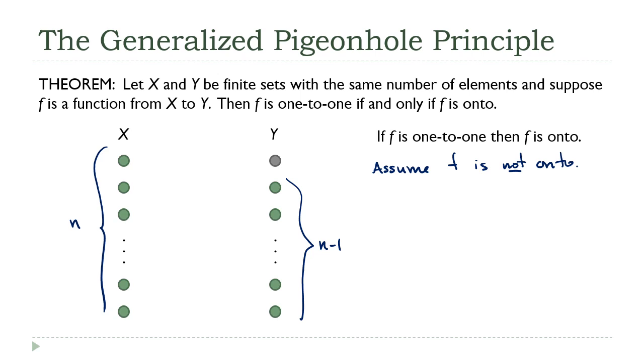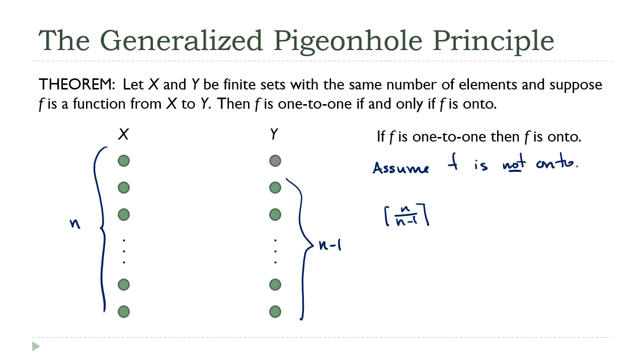Now here's where the generalized pigeonhole principle is going to come into play. The generalized pigeonhole principle says, remember, objects divided by categories. So this is going to be ceiling of n over n minus 1.